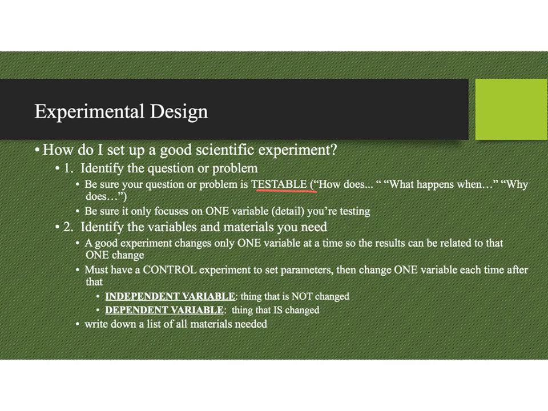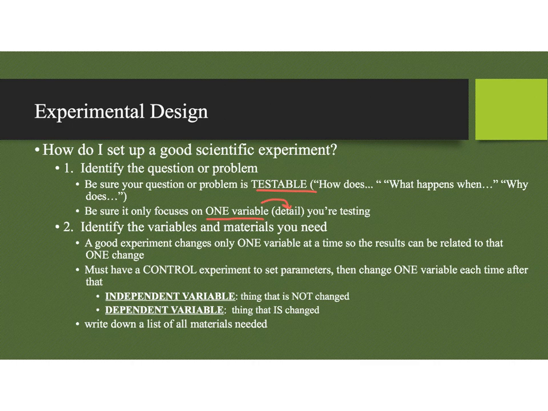Your question is also going to want to focus on only one variable or detail. A variable is basically a detail. Only one detail that you're going to be testing. So if you want to know which color seed birds like best, you want to focus on color.